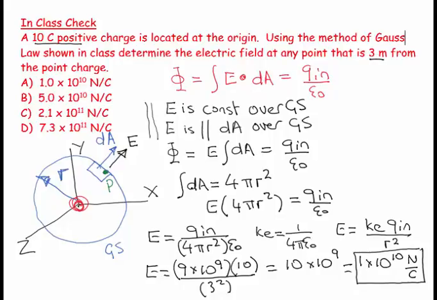And then I want to see that you remember, oh yeah, the surface area of a sphere is that value. And then substituting in, I want you to remember that Ke equals 1 over 4 pi epsilon naught. These are things we need to know. So I expect to see all of that.